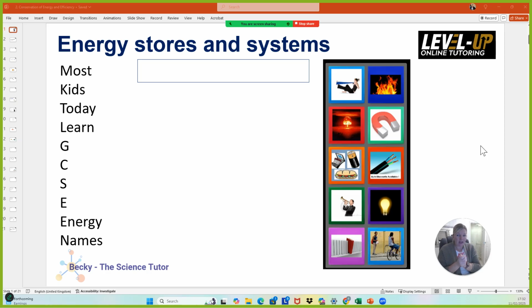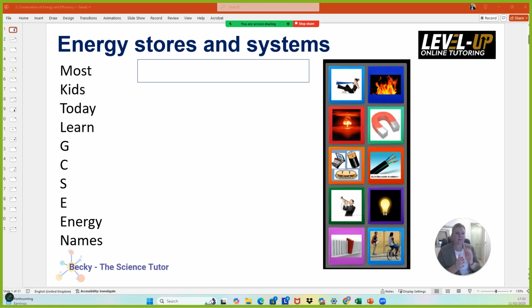As a quick recap from last week, can you send me through in the chat box the names of the different energy stores? Remember we used a little mnemonic, that most kids today learn for GCSE energy names.